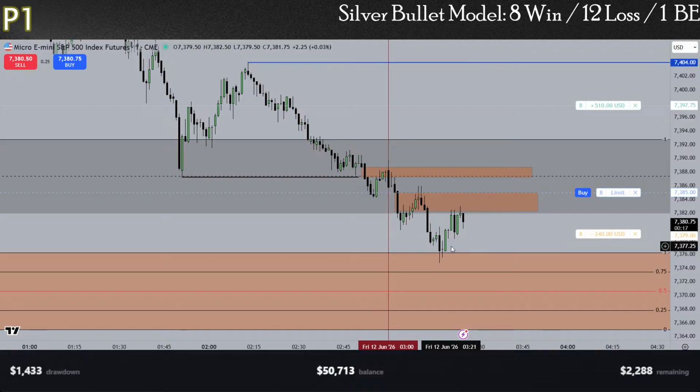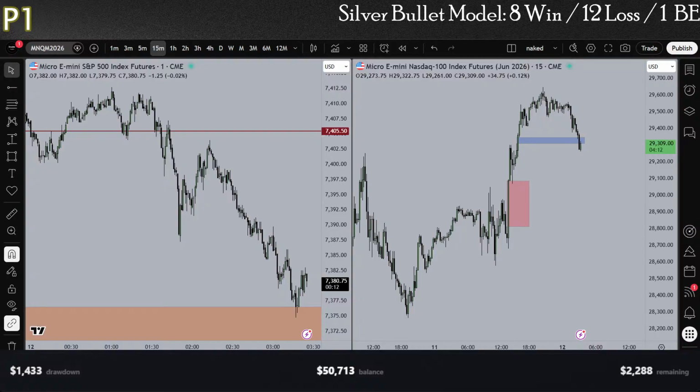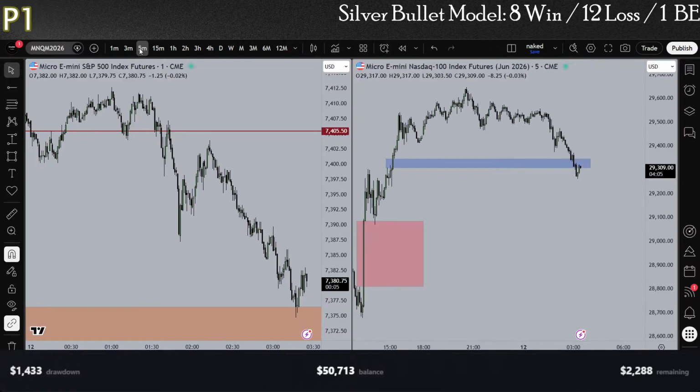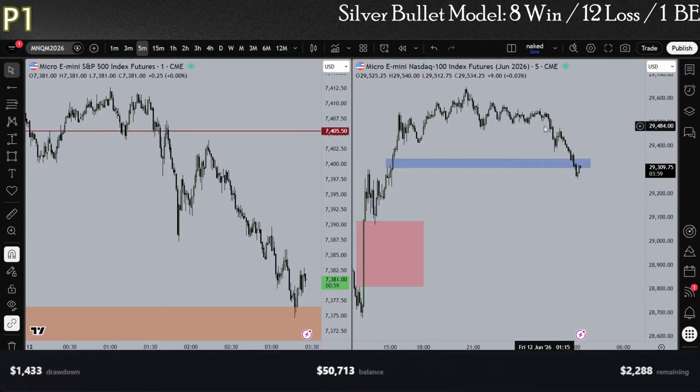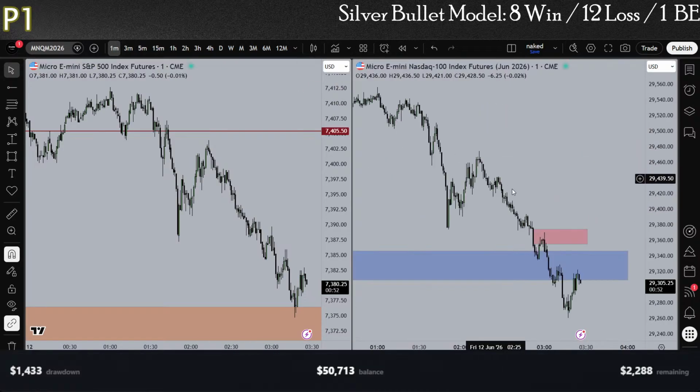So I'm also trying to filter out a lot of things here. But yeah, this looks like just too easy for the sentiment to flip bearish and potentially send it.